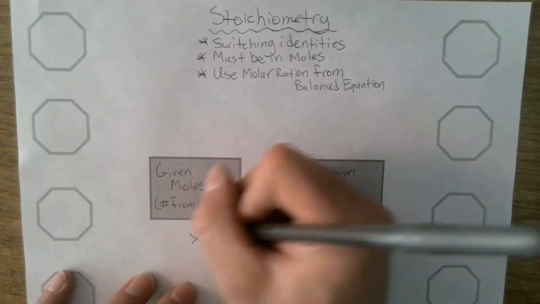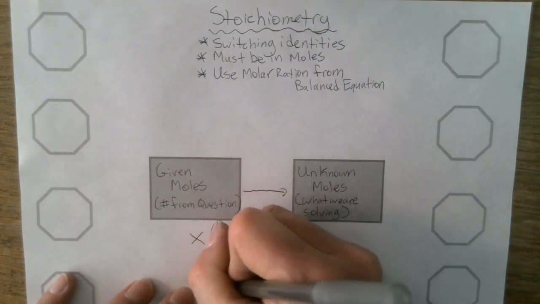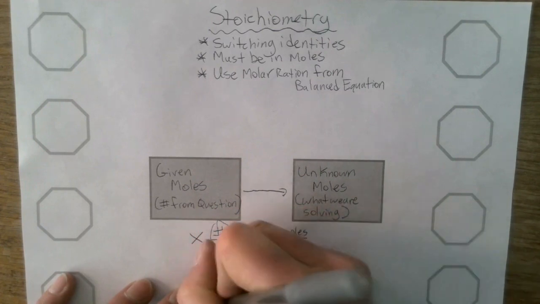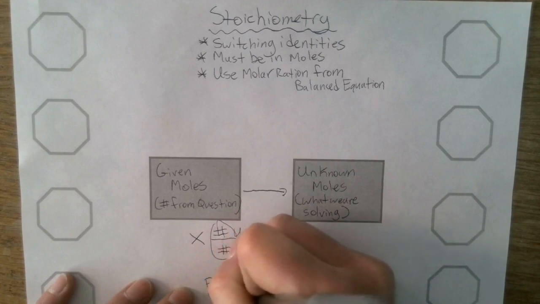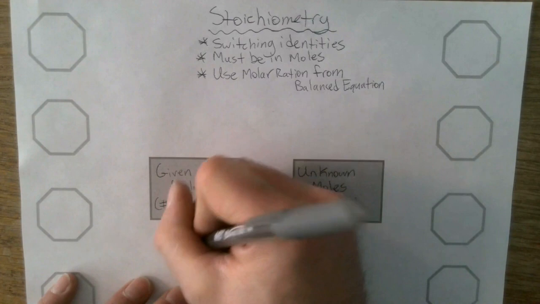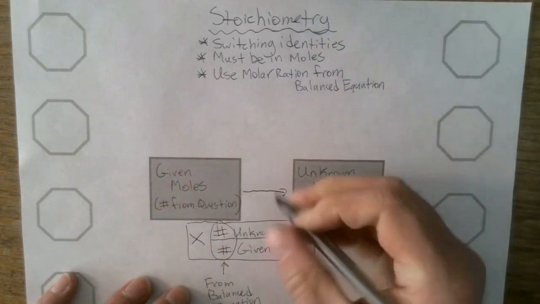Okay. So these values came from the balanced equation. And this is essentially what we have talked about before. This is the mole ratio.